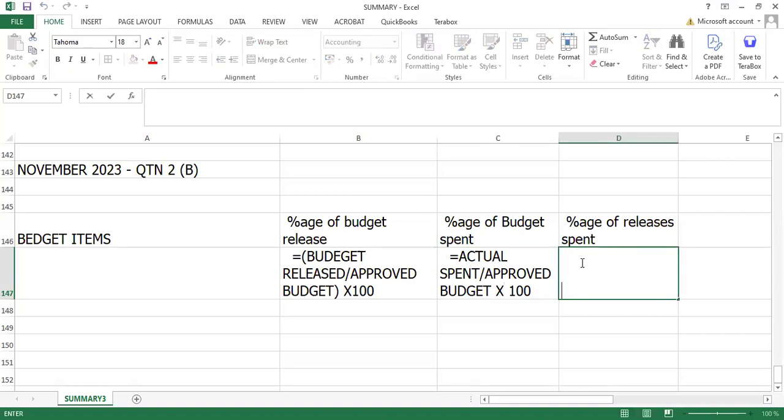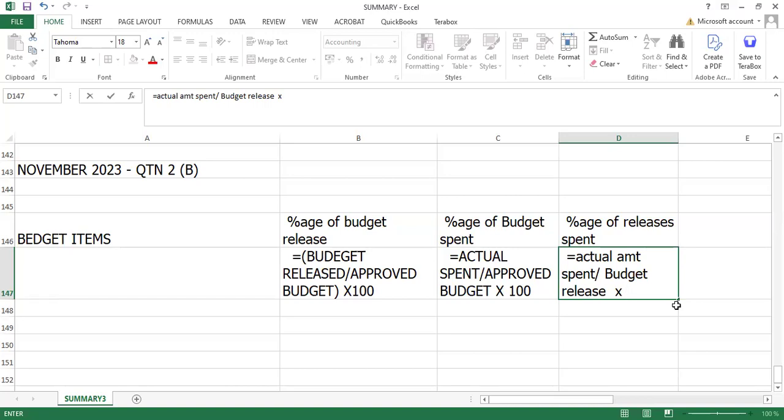Here for releases spent, it will be the actual amount spent over the budget releases. That one you are going to look at the budget releases, because with releases spent, you are spending what you actually received.